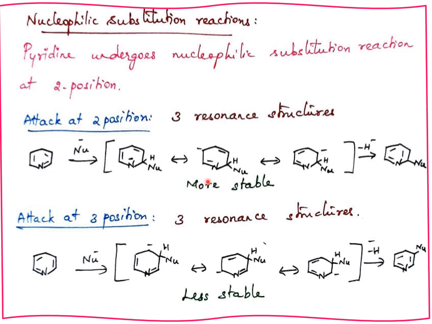But while studying the resonating structures, the attack at the second position leads to more stable resonating structures. Attack at the third position leads to less stable resonating structures. So we can conclude that the nucleophile gets substituted at the second position of pyridine.